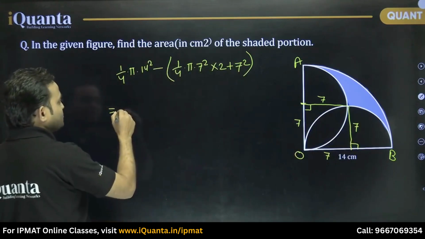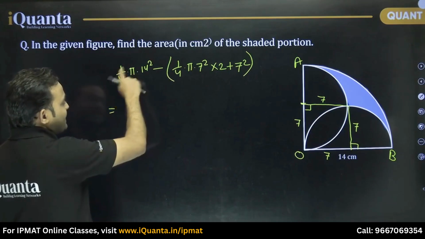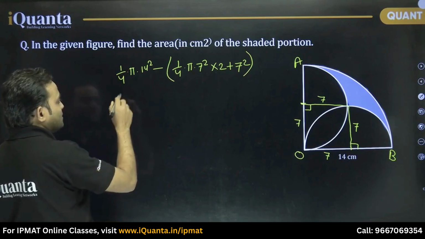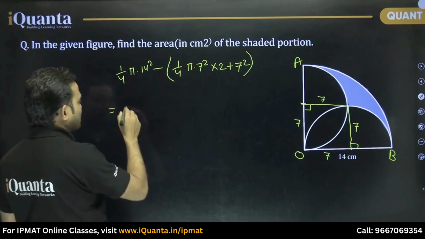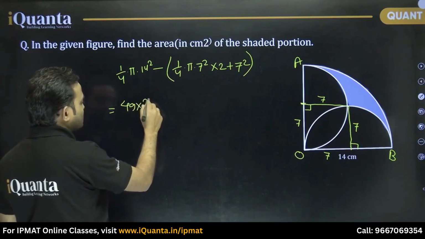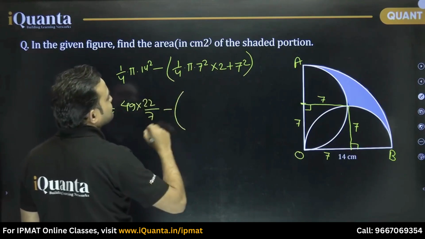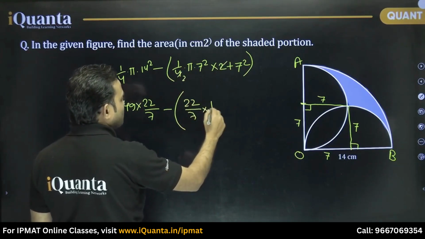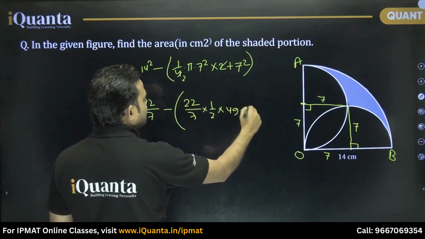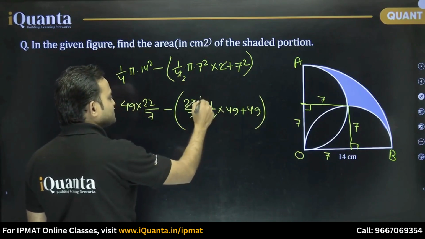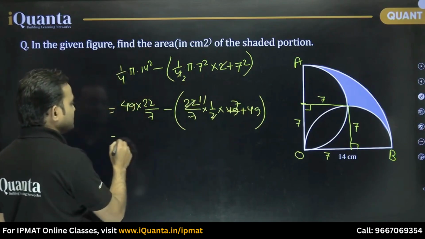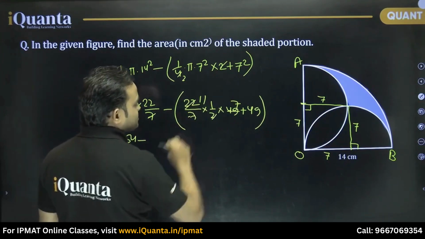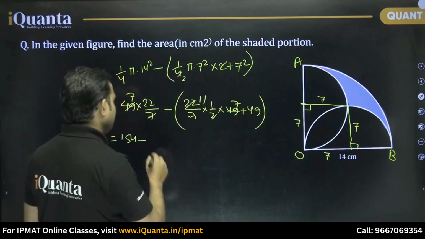So from there, if I use pi is equal to 22 by 7, right? What will be the value of this expression? So 196 by 4 is 49. So 49 into 22 by 7 minus, this is 2 times, let's use this, 22 by 7 into 1 by 2 into 49 plus 49. 2 times 11, 7 times, this will be equal to 7 times, so 154 minus 11 into 7, 77 plus 50, 127.